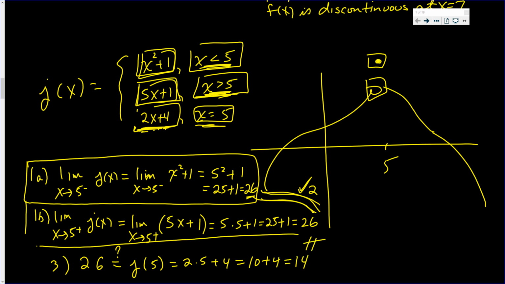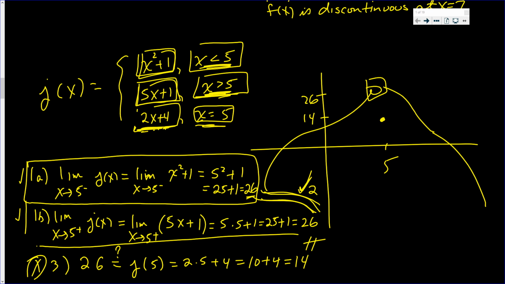3 failed. 1 passed, 1A passed, 1B passed, 2 passed. Condition number 3 failed. Why did it fail? Because this height is 26, and this point, when x is 5, is down here at 14.